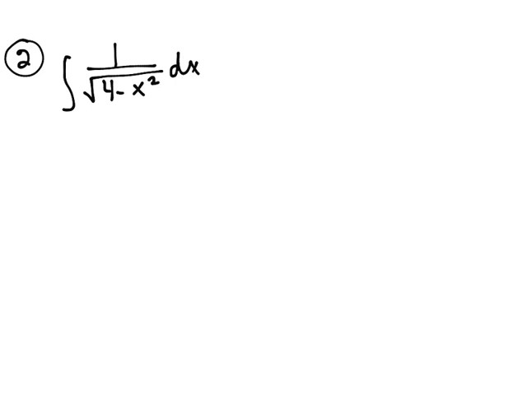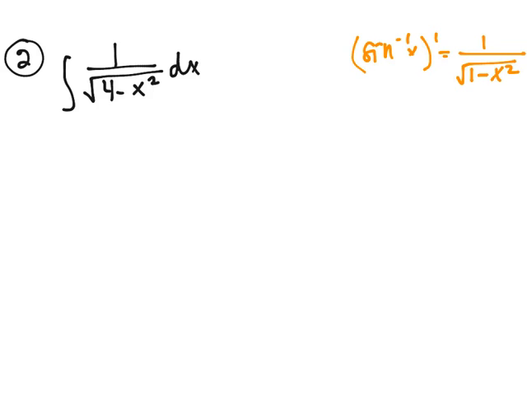So you get stuck. Now I'm trying to find some other strategies, but you know what? I notice actually I have 1 over the square root of a number minus x squared. And I remember that there is a formula, the derivative of sine inverse of x equals 1 over the square root of 1 minus x squared.